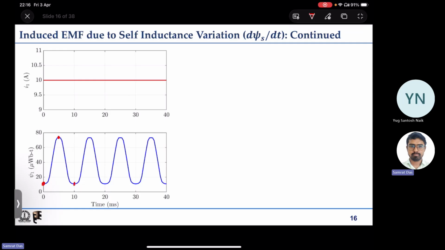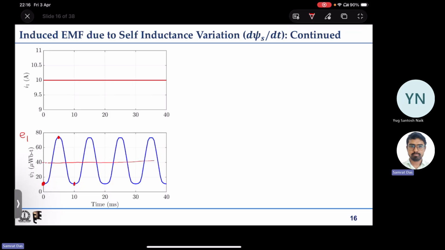So what is going to be the induced EMF for this coil? The induced EMF, say E1, is going to be d psi 1 dt. So let us take another one.